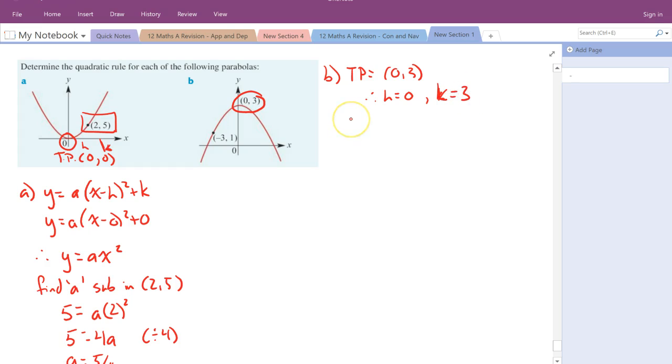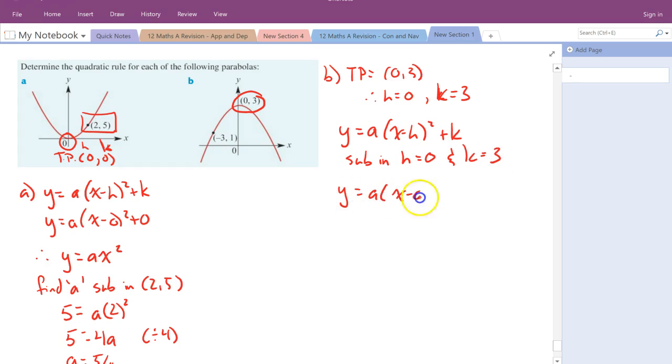We know that y equals a times (x minus h) squared plus k, so we sub in h equals 0 and k equals 3. So y equals a times (x minus 0) squared plus 3, which is y equals a x squared plus 3.